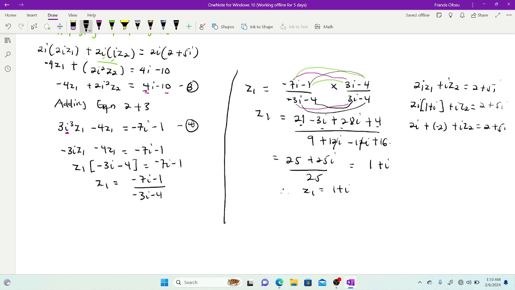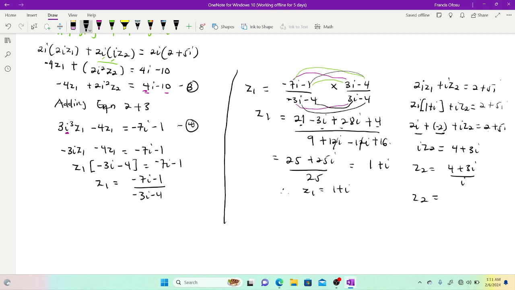Hence, I'm going to get iZ2 on the right side should be equal to, I'll move this thing to this. So I'll have 2 plus 2 here. These 2 will add up to this 4. 2i will subtract from 5i plus 3i. Hence, Z2 is simply equal to 4 plus 3i all over i.